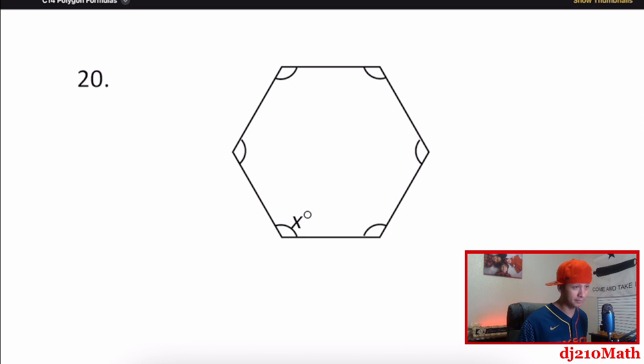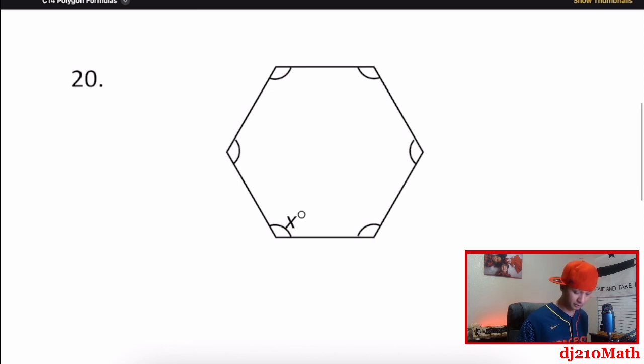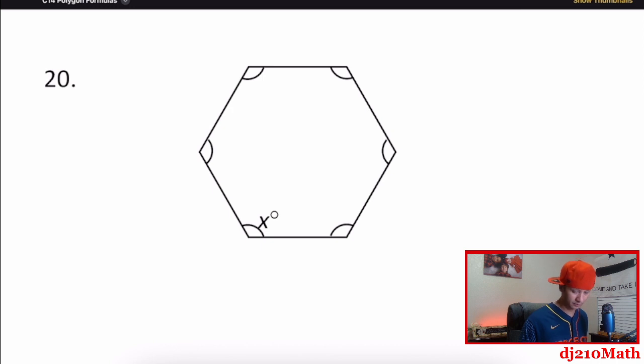Okay, here's a regular hexagon. So all 6 sides are congruent, all angles are congruent. So the formula for this is going to be n minus 2 times 180. This is going to give me the total when you add them all up. But I want an individual one, so I'm going to take that number and divide it by n.